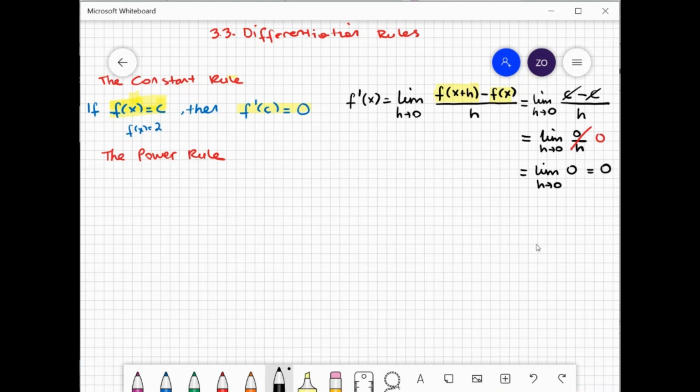I'm just trying to clarify that we are not dividing by 0. We cancel this expression first, 0 over h is 0, and then we evaluate the limit afterwards. The limit of 0 as h goes to 0 is 0.